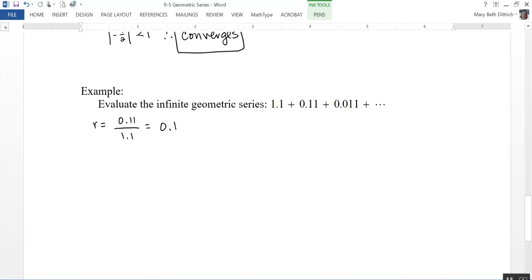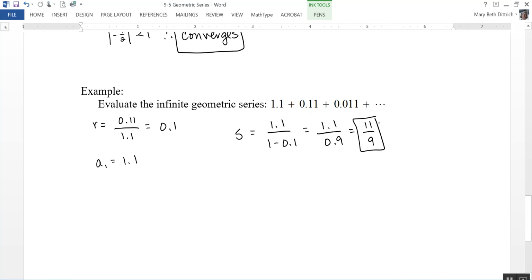Since the absolute value of that is less than 1, this does converge, and so I will be able to find a sum. I also have a sub 1 is equal to 1.1. So using my formula, S equals a sub 1 over 1 minus r. That's equal to 1.1 over 0.9, or 11/9.